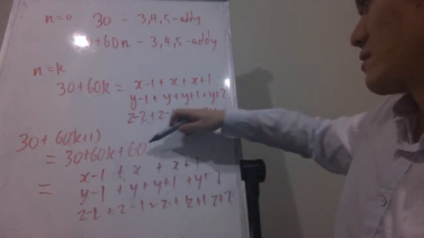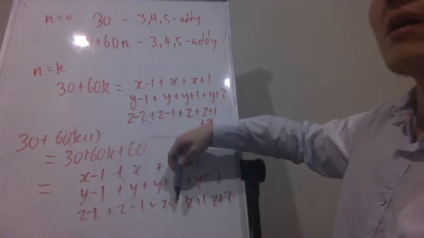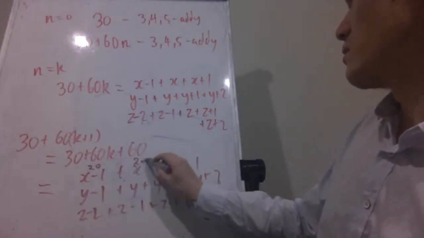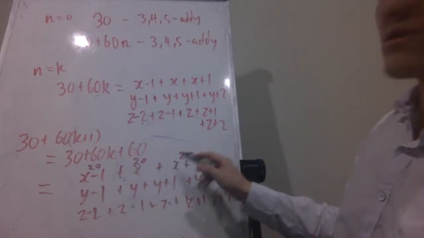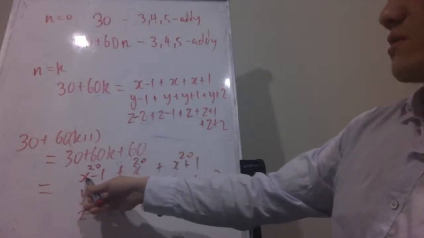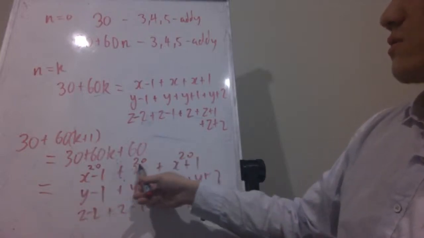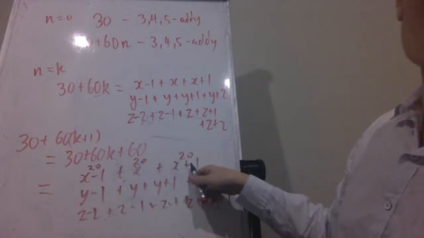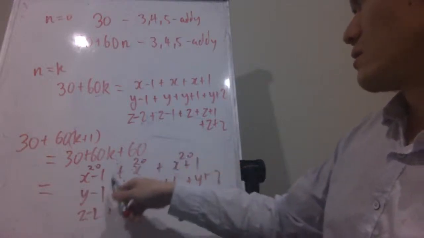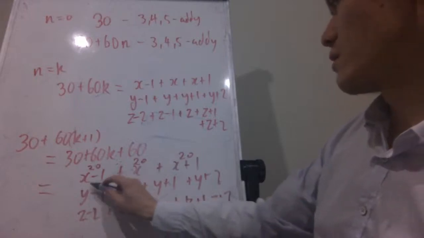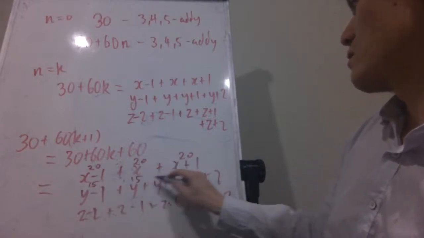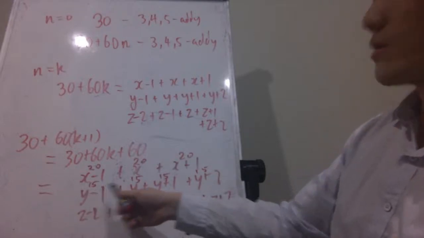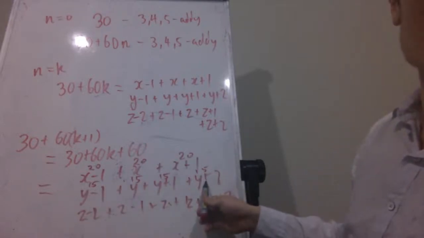The key is that 60 is divisible by 3, 4, and 5. So you can actually split it up as plus 20, 20, 20, right? So then it's the sum of consecutive numbers. So this is x plus 19, x plus 20, x plus 21, right? And then this one is plus 15, yeah? There's y plus 14, y plus 15, y plus 16, y plus 17, yeah?